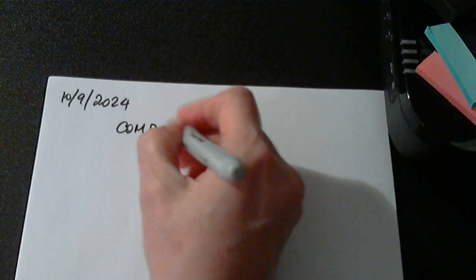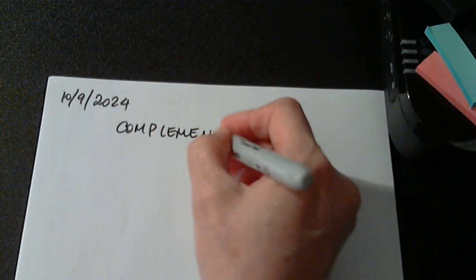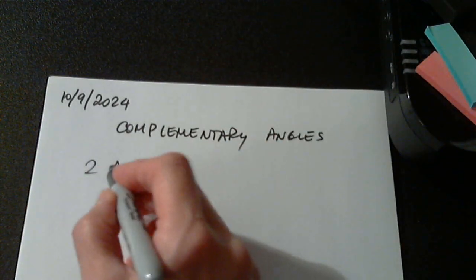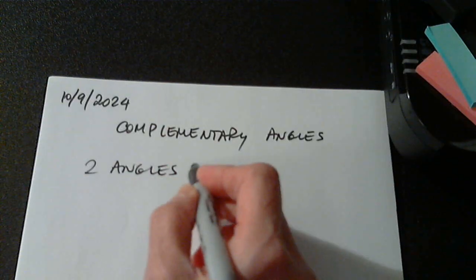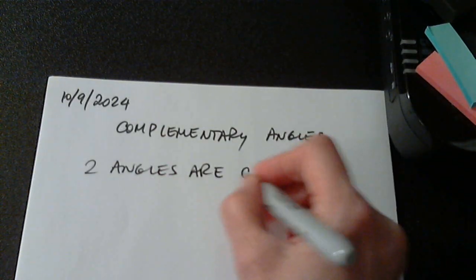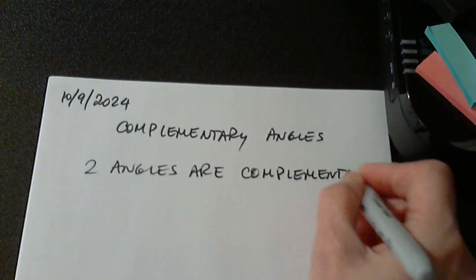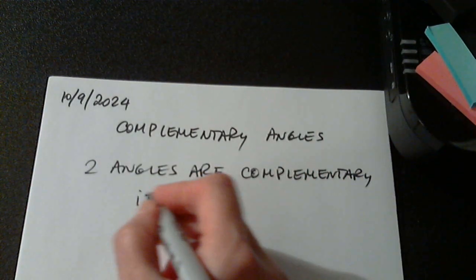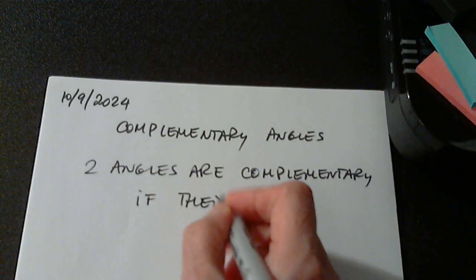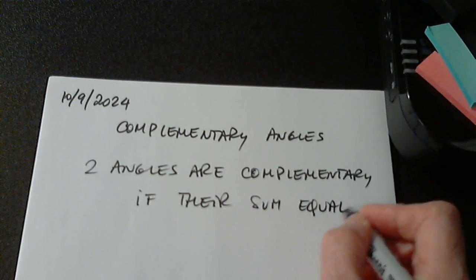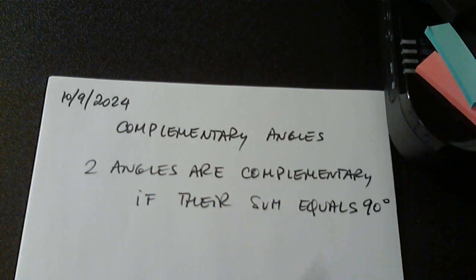Complementary angles. So two angles are complementary if their sum equals 90 degrees.